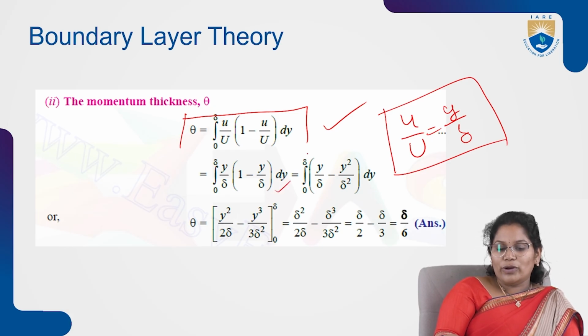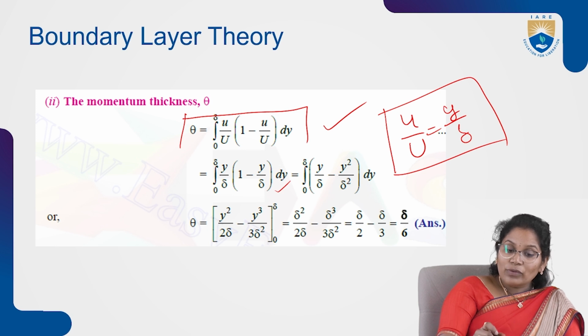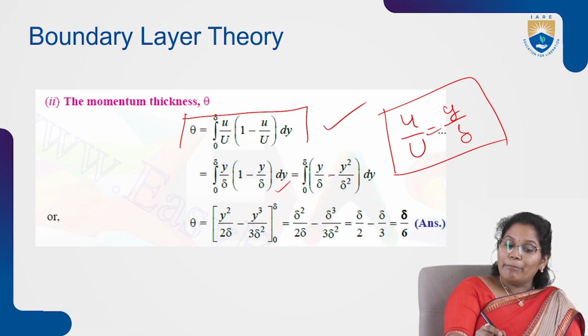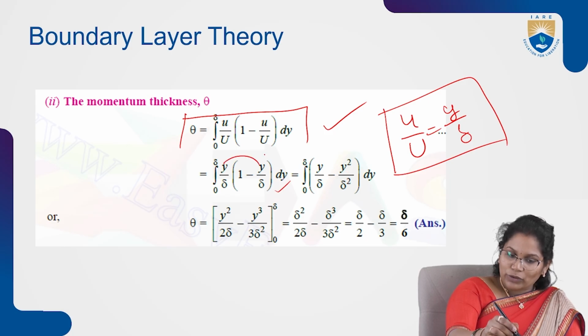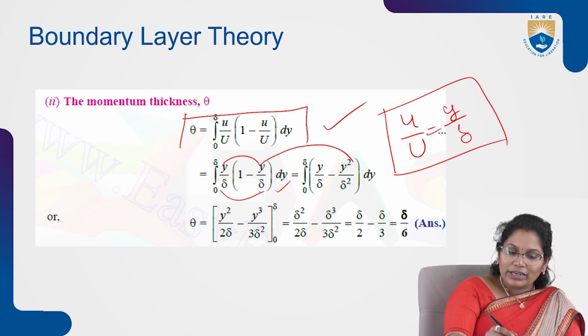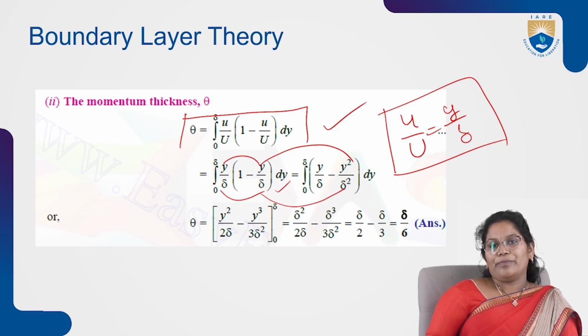Again, we multiply the outside term y by delta with the inside ones: y by delta into 1 is y by delta, minus y into y is y square, and delta into delta is delta square.